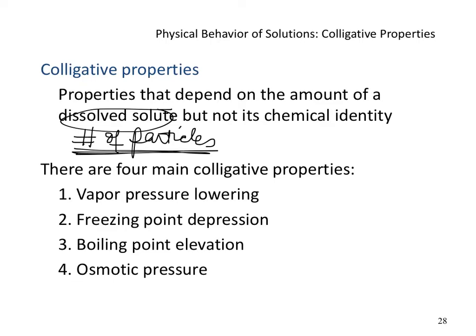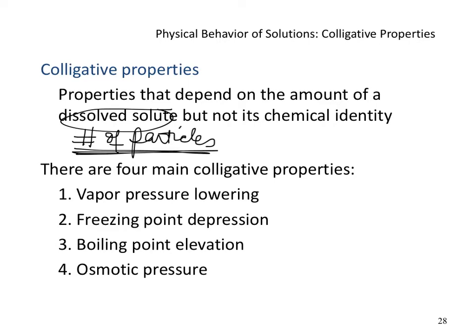It doesn't matter what you dissolved, whether you used KCl, NaCl, or whatever it is that you used, but rather the total number of active particles that decide the overall effect on some properties, and such properties are what are called colligative properties.